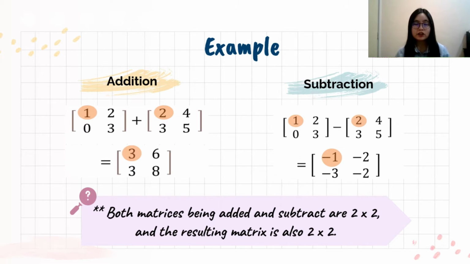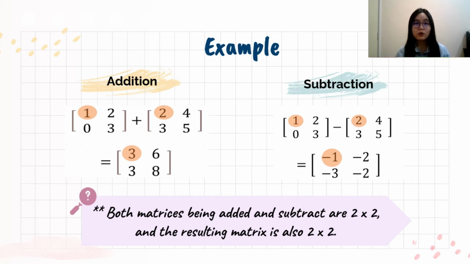From the addition example, we can see that the element 1 in the first matrix is added to the element 2 in the second matrix to produce the element 3 in the resultant matrix. Also, in the subtraction example, the element 1 in the first matrix is subtracted by the element 2 in the second matrix to produce the element -1 in the resultant matrix.